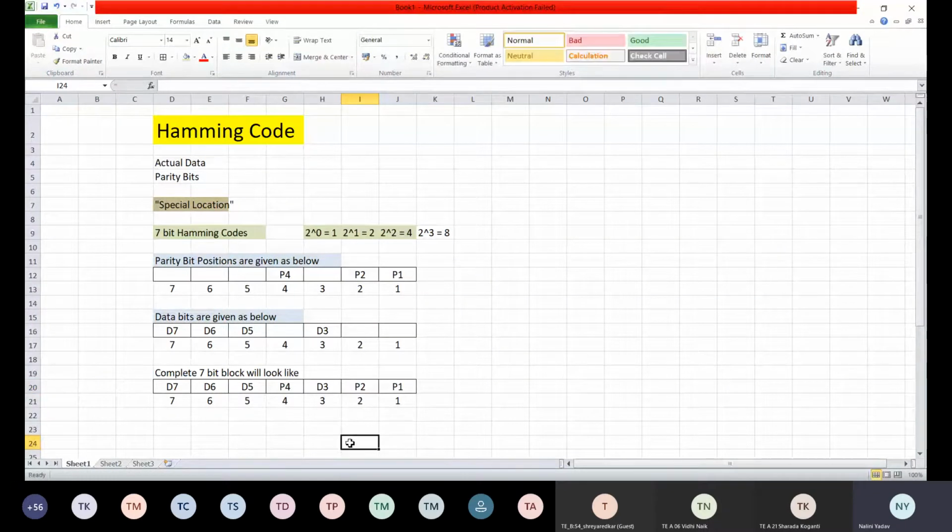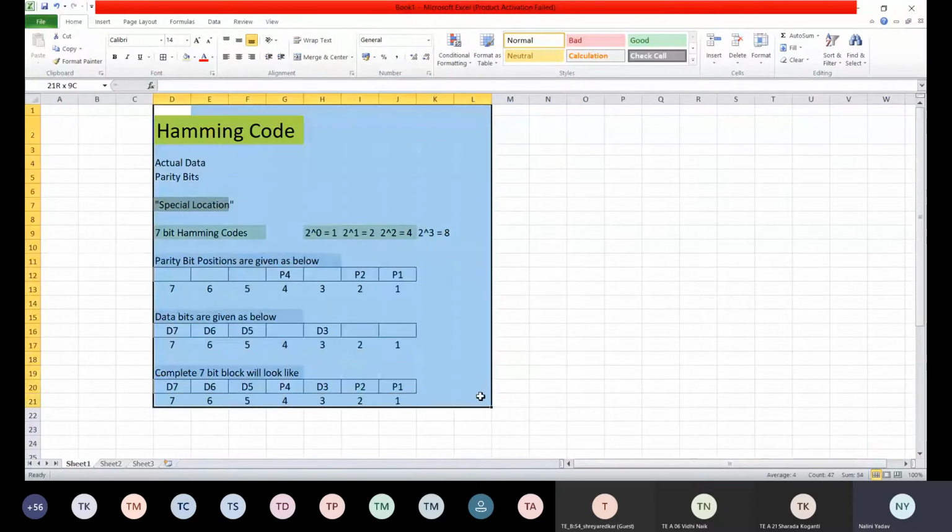P represents my parity bits and D represents my data bits. So this is how my Hamming code is generated. Understood all of you the things related to Hamming codes, how the data bits and parity bits are to be positioned? So this is clear with all of you.